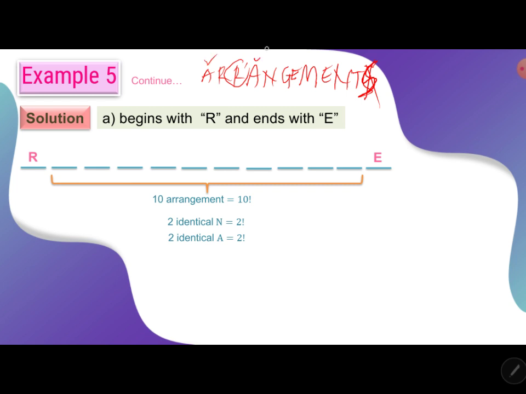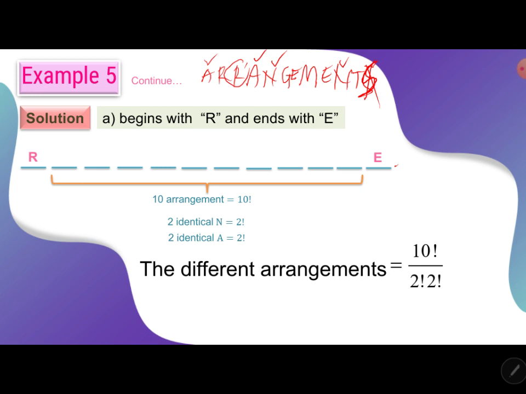We have identical A, and then identical N. And for E, because one E is at the end of the word, we only have one E in the middle. So that's why we divide by 2 factorial and 2 factorial only. So the answer should be 10 factorial divided by 2 factorial, 2 factorial.